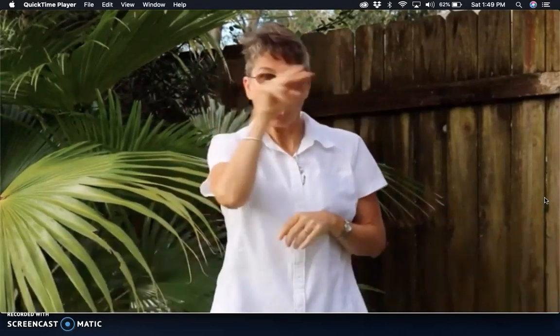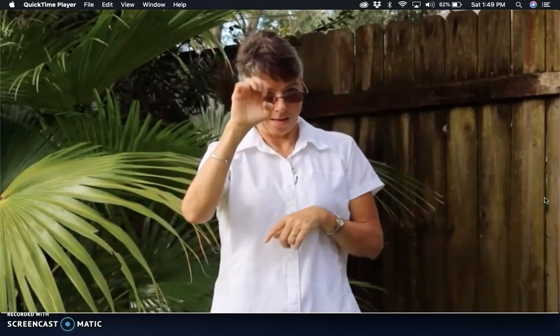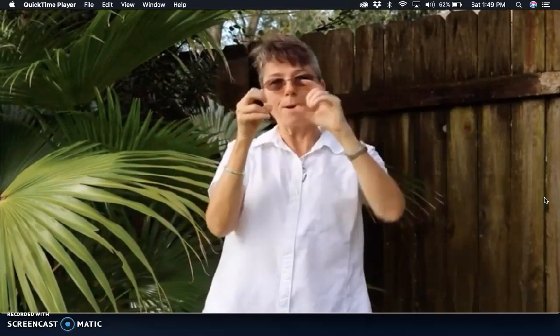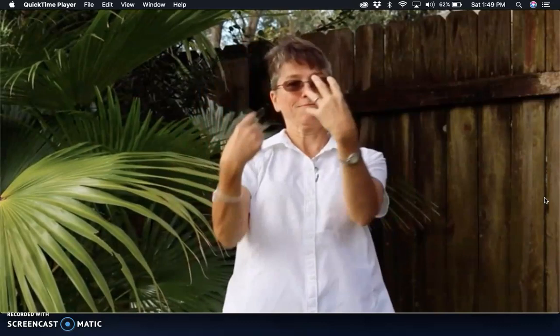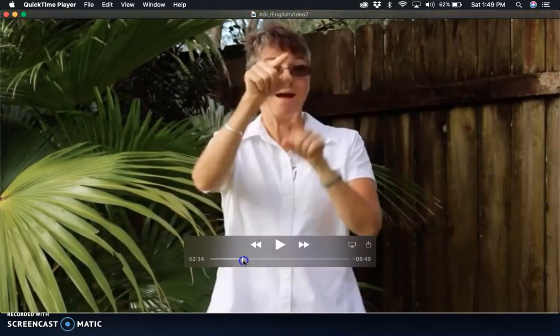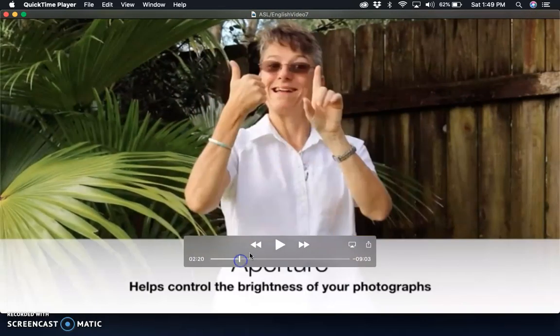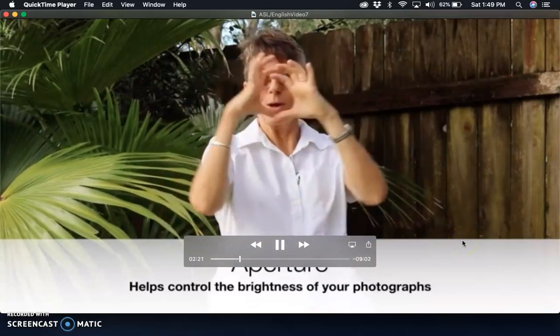It's the lens size within the lens, and an aperture changes the size of the lens.